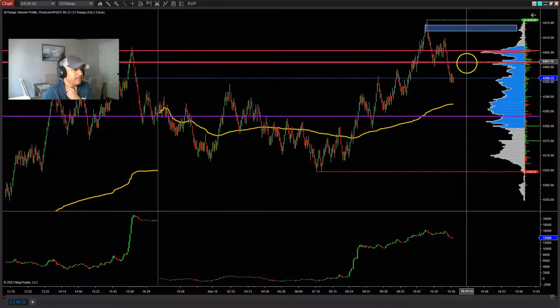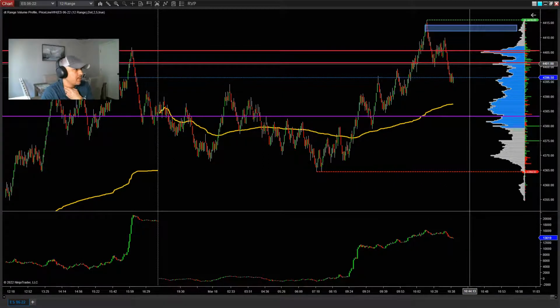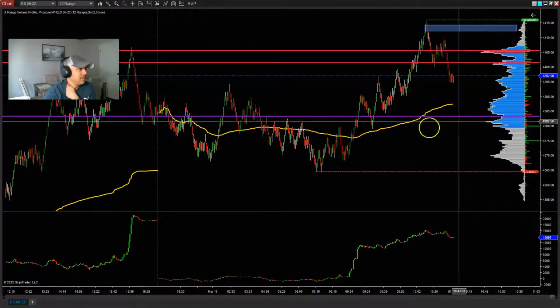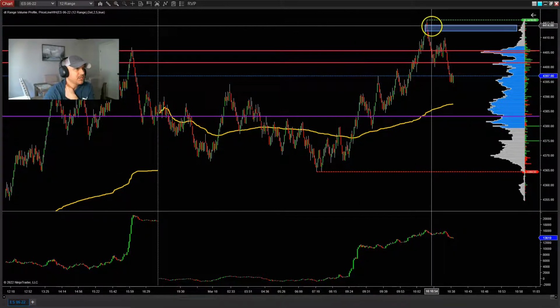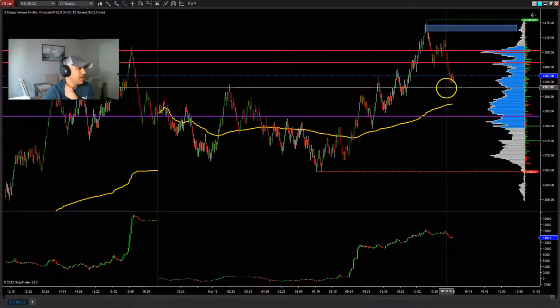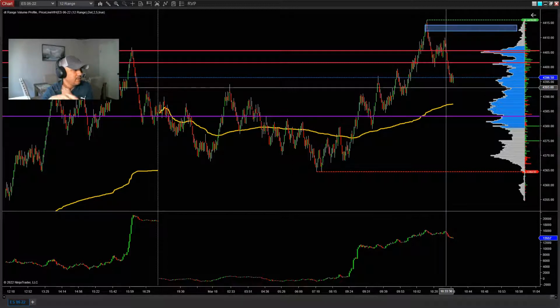Maybe we get a pullback, and then I can look for an opportunity to get a short. Even though we're bullish right now, I'm talking about shorts, right? But that's because the market is breaking structure to the downside now. So I always say, look at the higher time frame, and once you're at an area of support or resistance and price rejects from that area off the higher time frame, make sure that the lower time frame, your anchor chart, which for me is the 12 range, is following suit, breaking structure to the downside, and wait for the pullback.